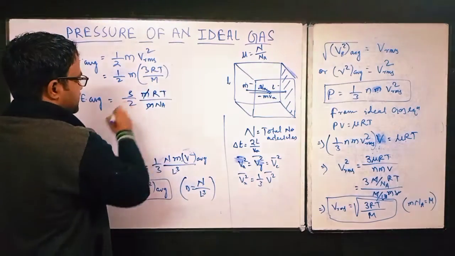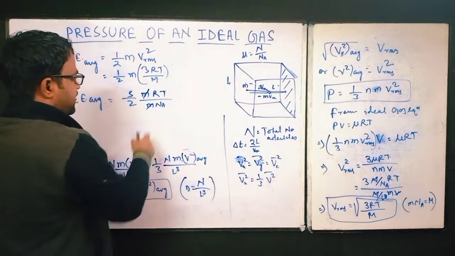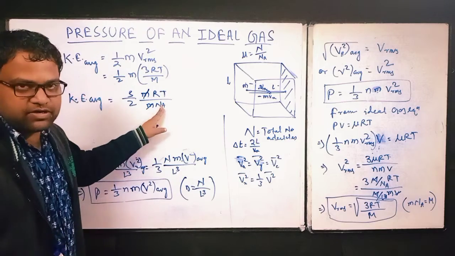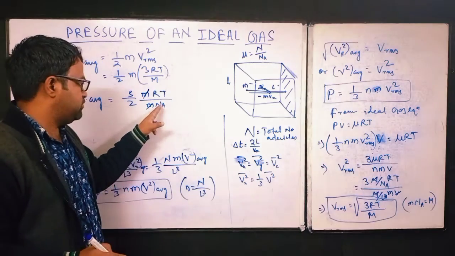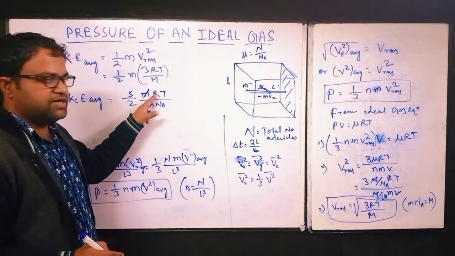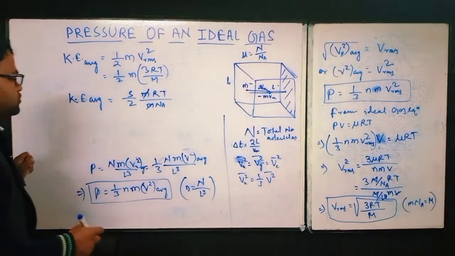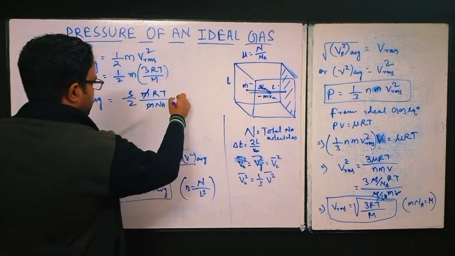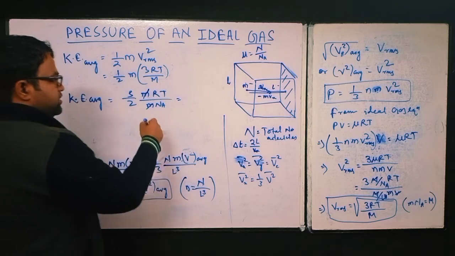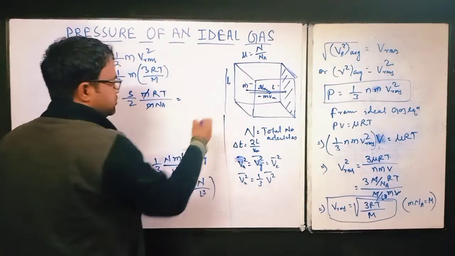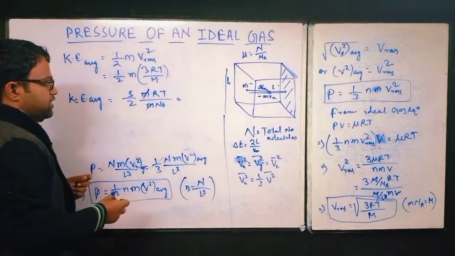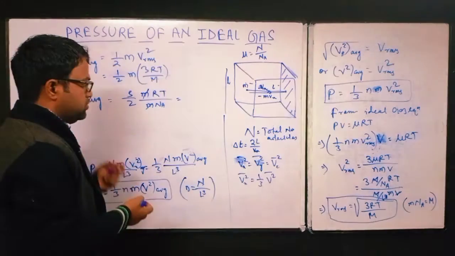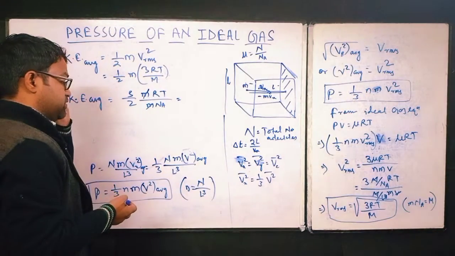So mass gets cancelled, and R by Na is a constant. Na is Avogadro's number, 6.02 into 10 to the power 23, and R is the gas constant, 8.31 joule per mole per Kelvin. So this R by Na introduces another constant, that is called the Boltzmann constant, right? 1.38 into 10 to the power minus 23.